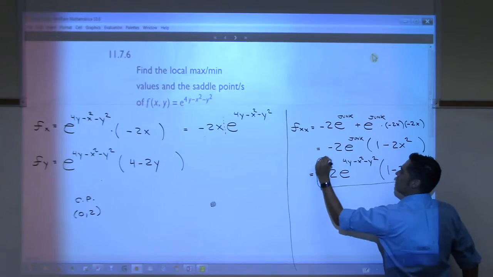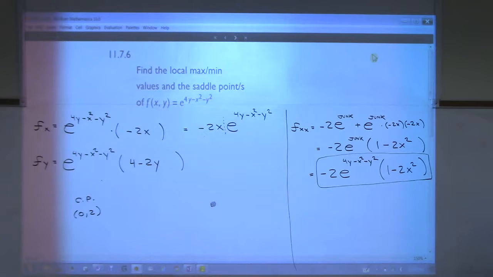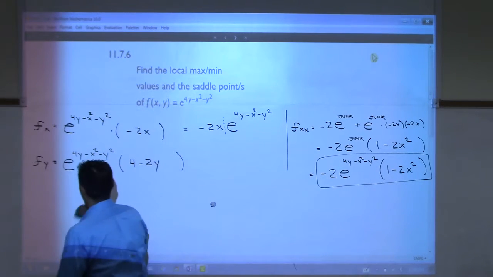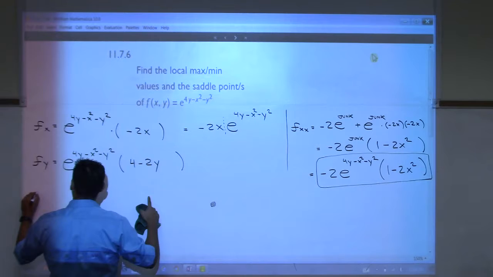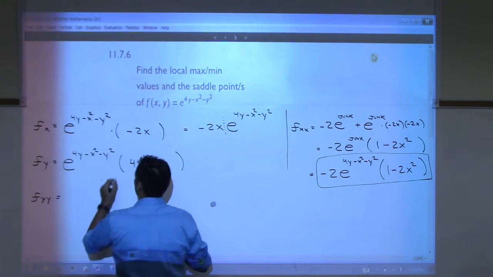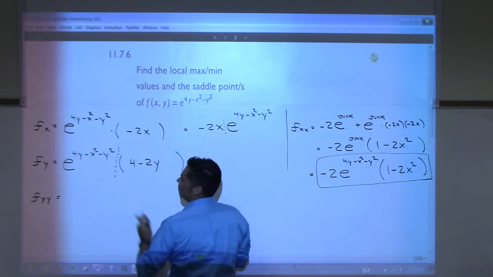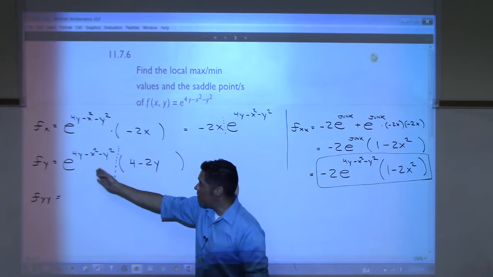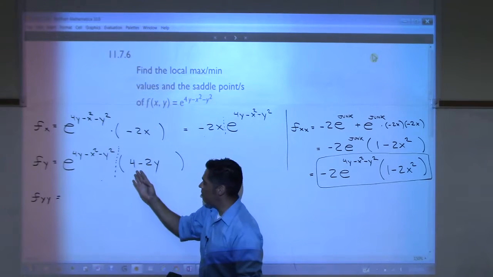That's our partial with respect to x, and then with respect to x again. Unfortunately, the partial with respect to y and then y again is not the same thing, just a different number, and we have a little bit of work to do with that. So get that one now. Partial with respect to y, then y. I'm going to do my product rule right here: the derivative of this times this plus the derivative of this times this.